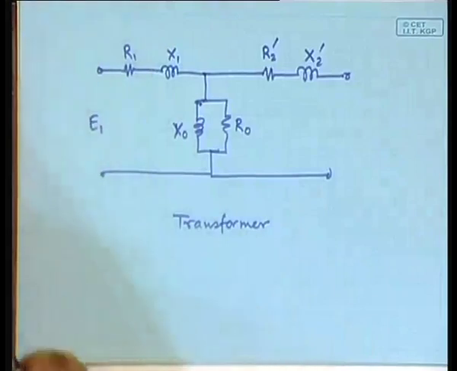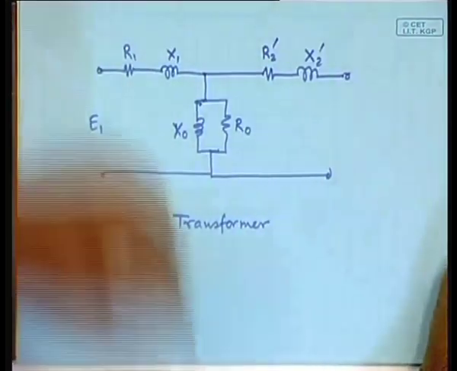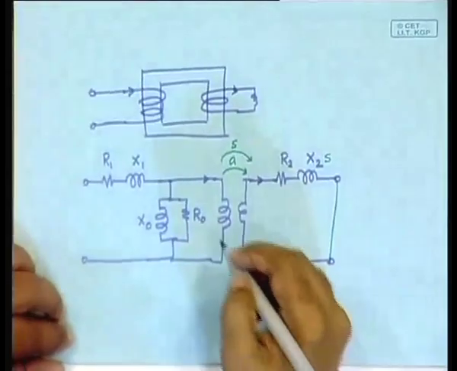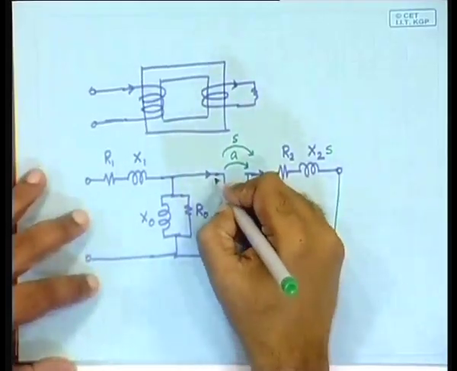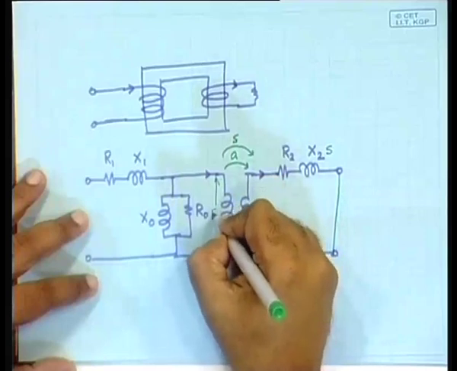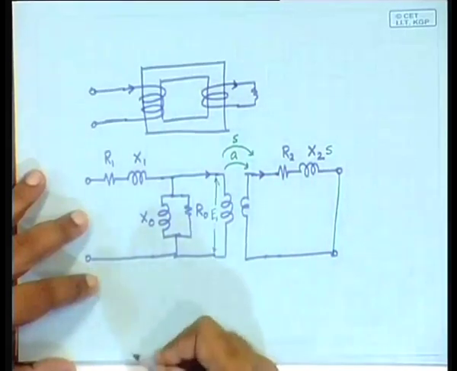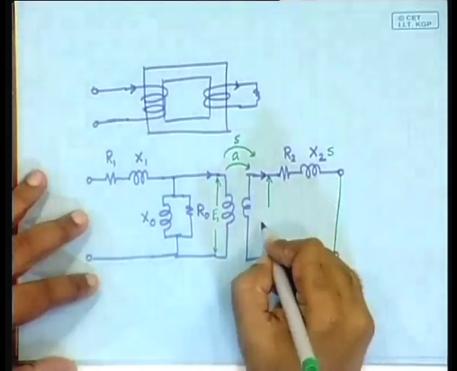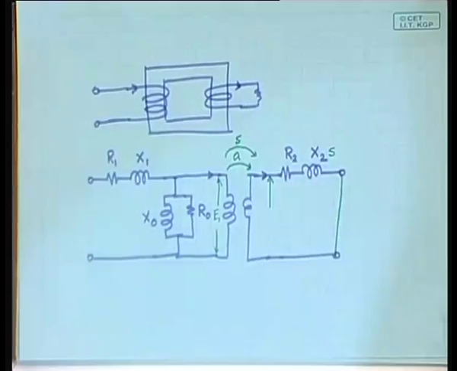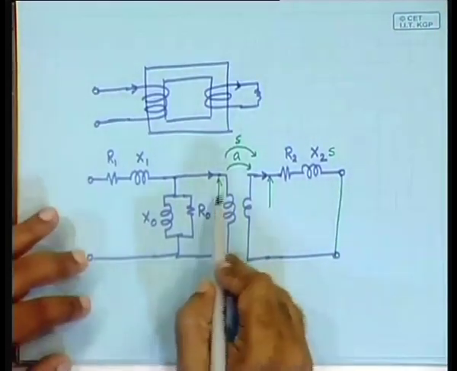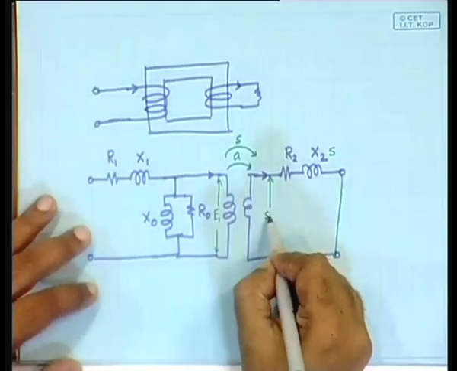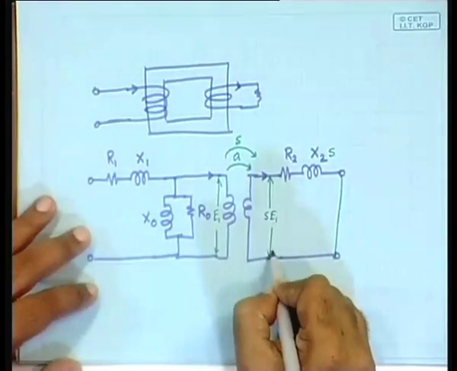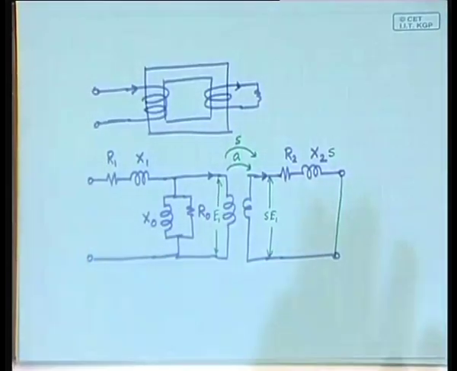So, in order to do that, supposing the voltage here is E1 and the voltage here, if you now do not consider the turns ratio, then it will be SE1. Okay.